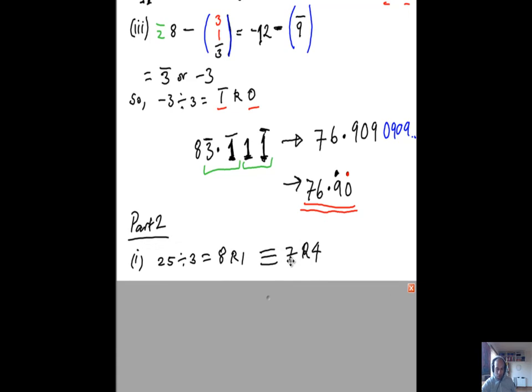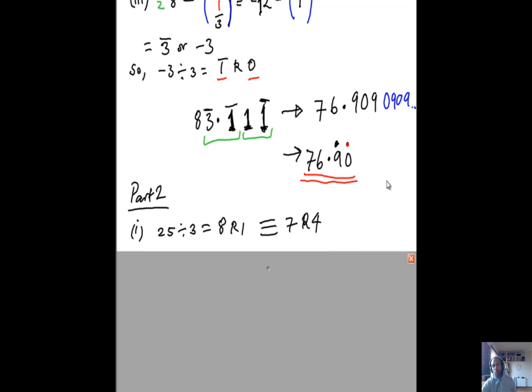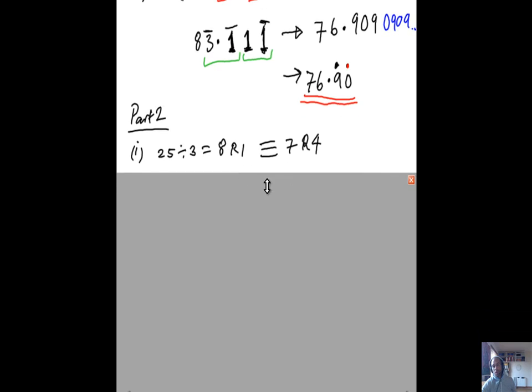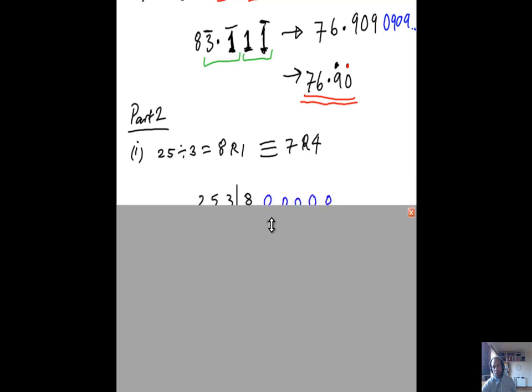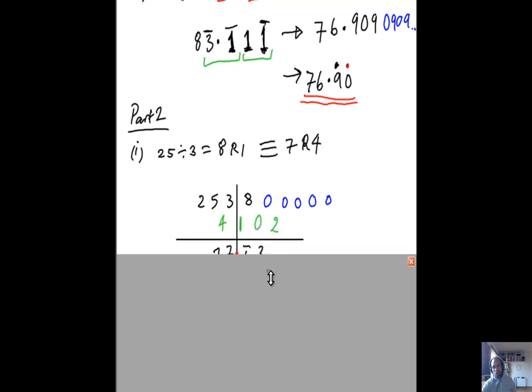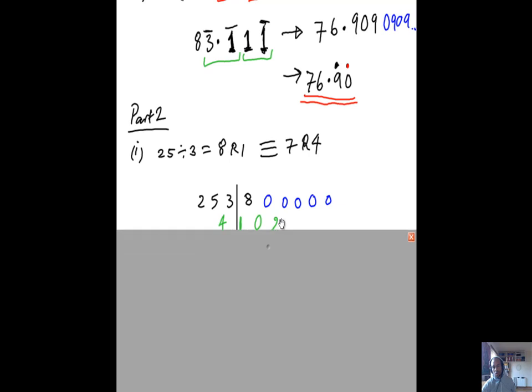Remember, 7 remainder 4. So you can continue the calculation on the basis of using 7 as a quotient and r as a remainder. I'll give you a little clue as to what we need to do. Oh look, I'm giving a little bit too much away.